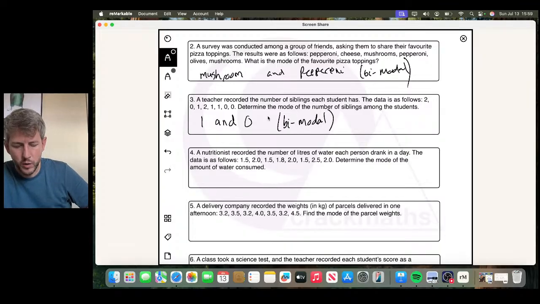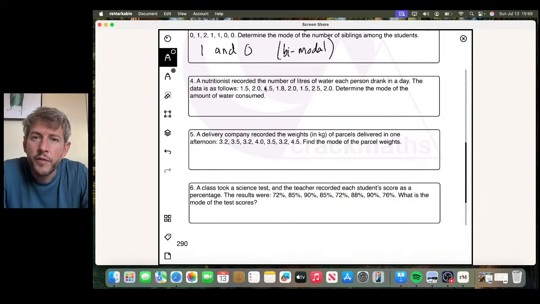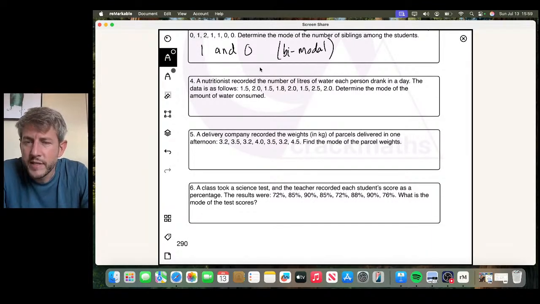Okay, right. Question 4. A nutritionist recorded the number of litres of water each person drank in a day. The data is as follows: 1.5, 2, 1.5, 1.8, 2, 1.5, 2.5, 2. Determine the mode of the amount of water consumed.